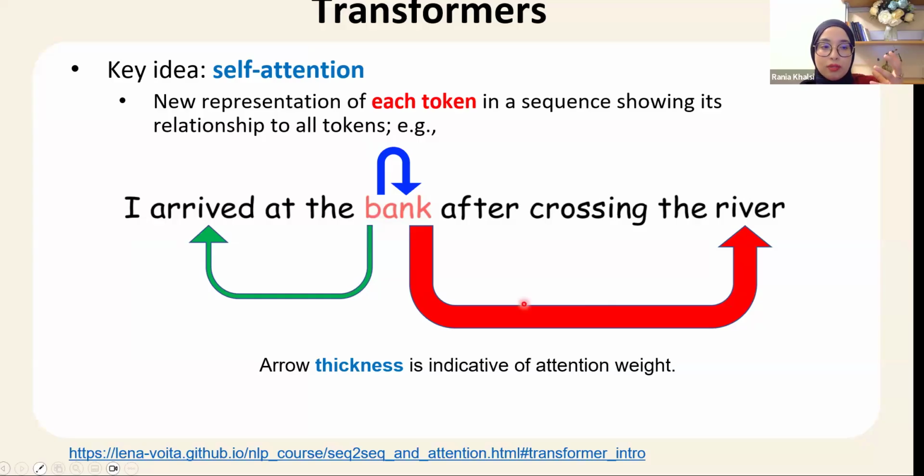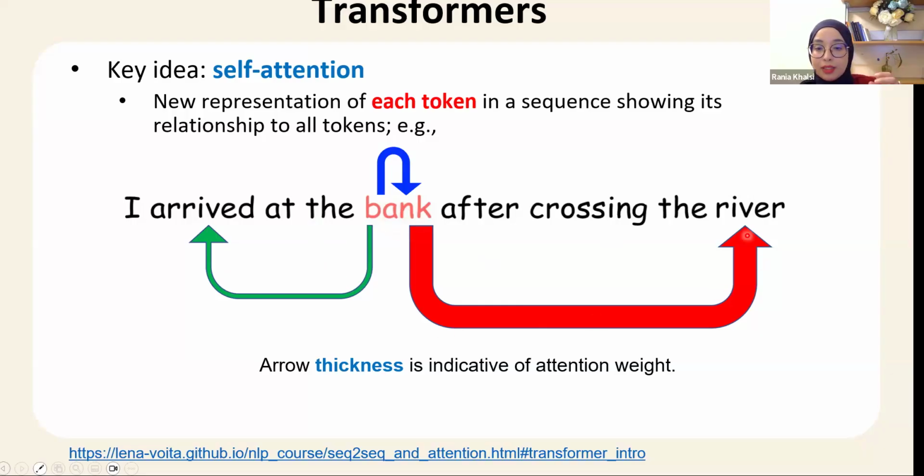For the token bank here, the model assigns varying levels of importance to the other words in the sentence. For words like bank and itself, in blue, we have bank and arrived in green, it's less attention.